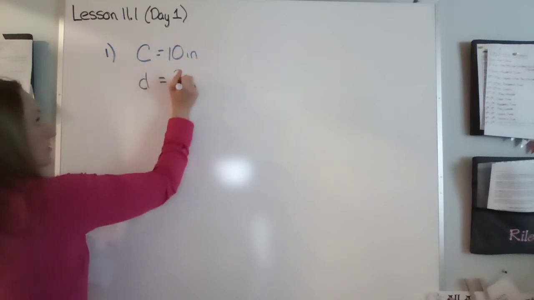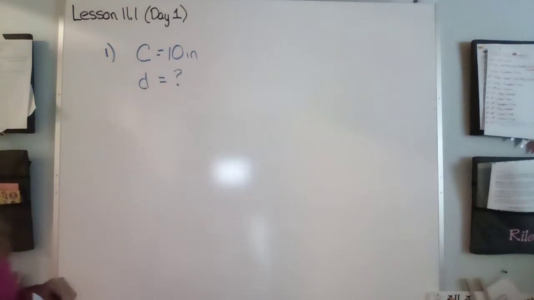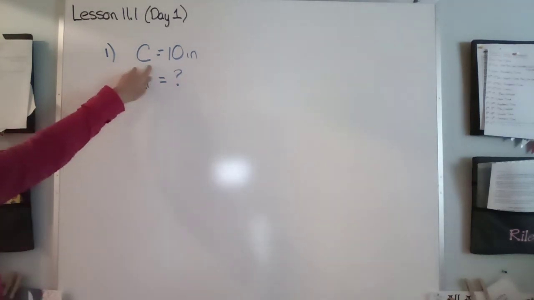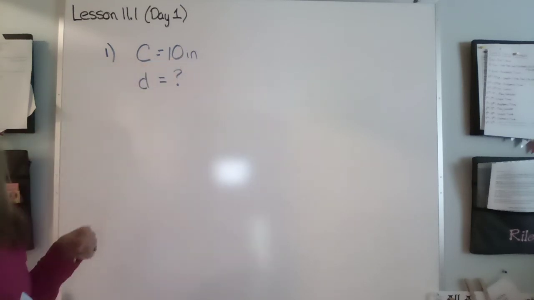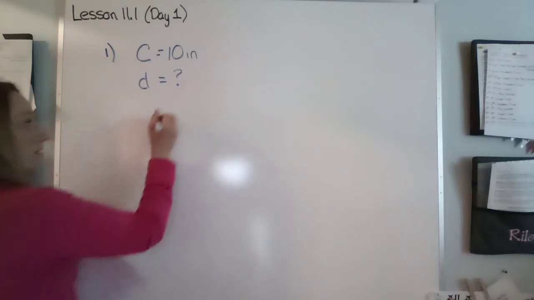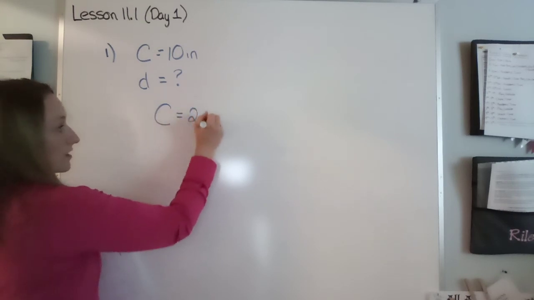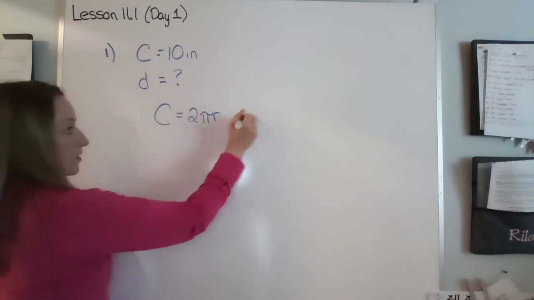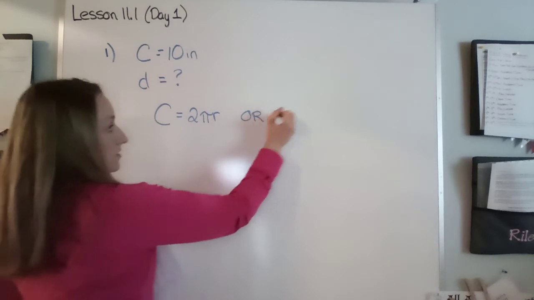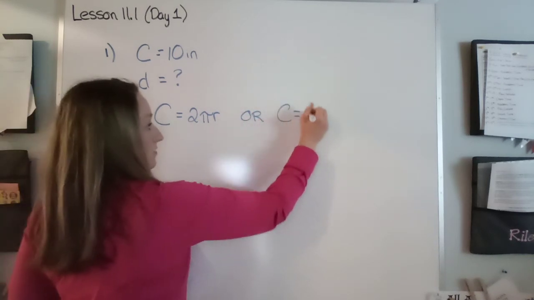Typically what I do is think, if I know the circumference is 10 inches, think about the circumference formula. Circumference of a circle is equal to 2 pi r, or circumference of a circle is equal to pi times d.